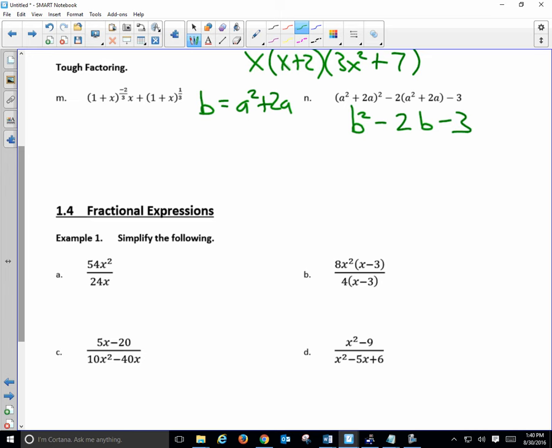I think that's an easy problem. I think this is a difficult problem. Let's factor the easy problem. You with me? B minus 3, B plus 1. You okay with that? Everybody okay that this factors to this? Well, the original problem doesn't have b. It has a squared plus 2a. So what should I do now? Yeah, instead of the b, I'll write the a squared plus the 2a.